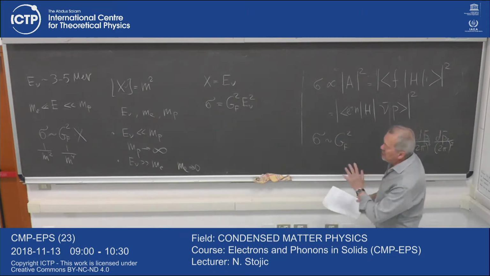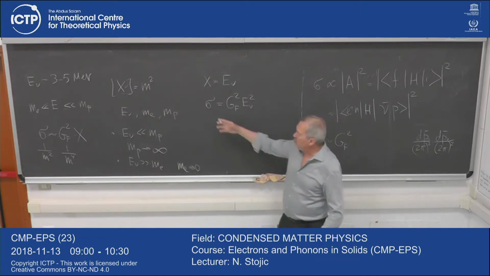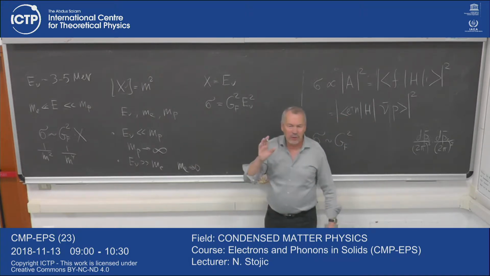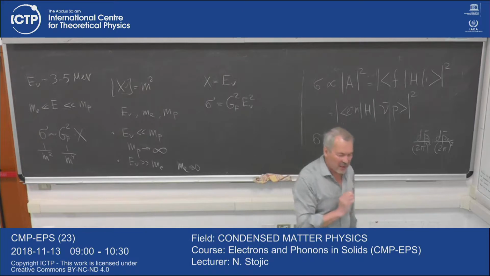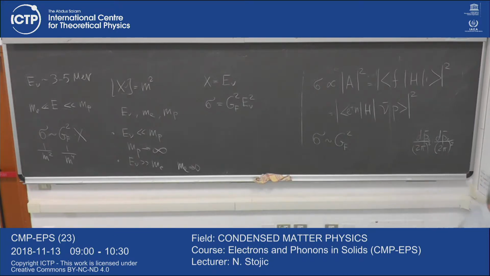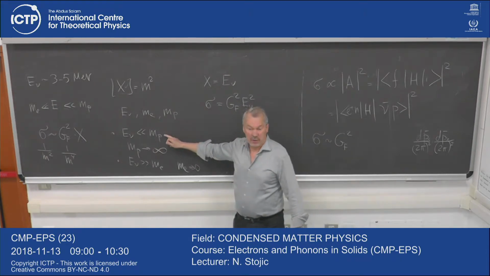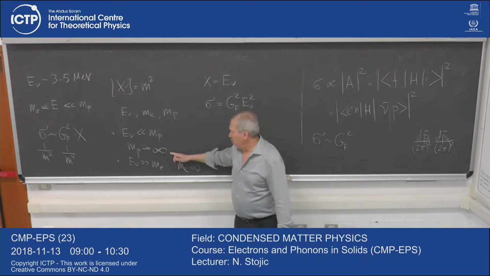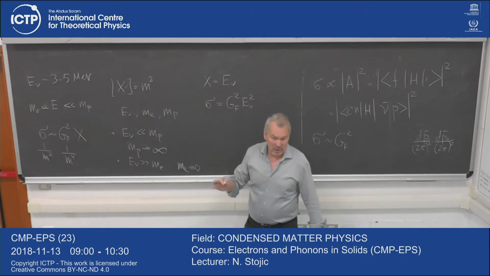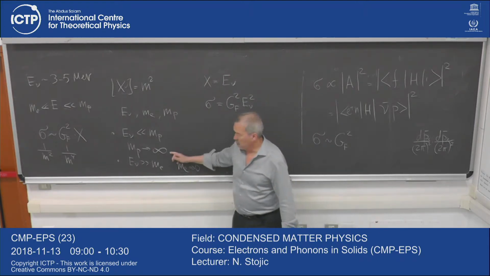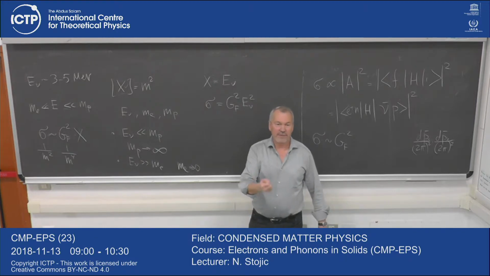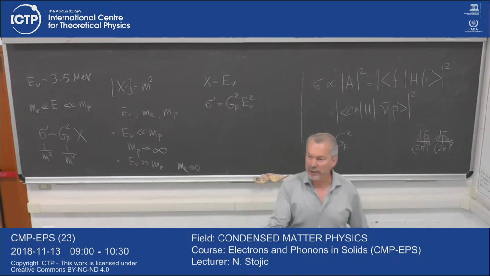Except for some special cases, this type of argument works. I will show you later some exceptional case where this consideration fails. But in most cases, this works. Of course, you will get some corrections due to the finite mass of the proton, which means that doing this, we neglect the recoil of protons. This limit corresponds to our scatterer being very heavy, and therefore recoil can be neglected.